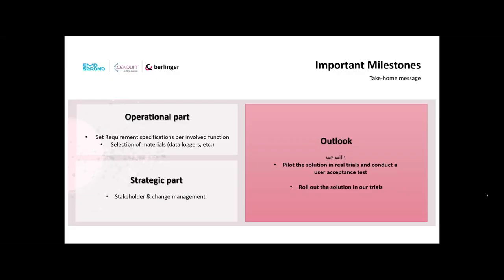But it's really the step to switch in ongoing trials or maybe in a new trial to the new solution to see if the system also works in a real environment. And after this test, or let's say hypercare phase, in implementing the new process and new trials, we would then roll out the solution into all of our trials.